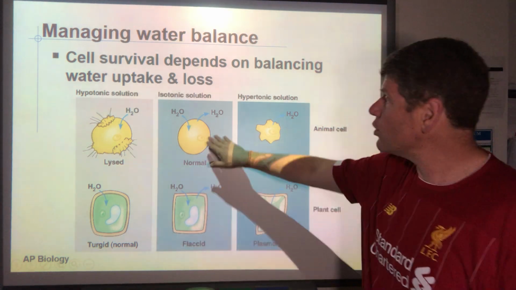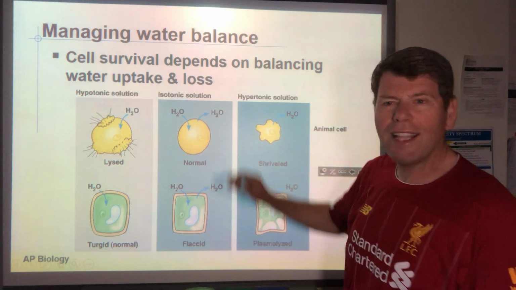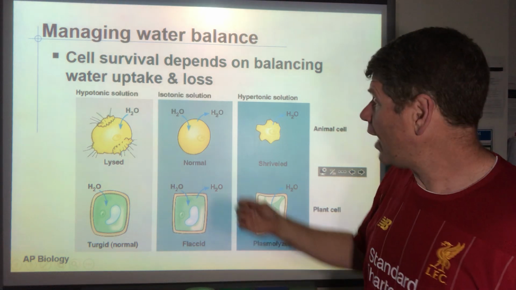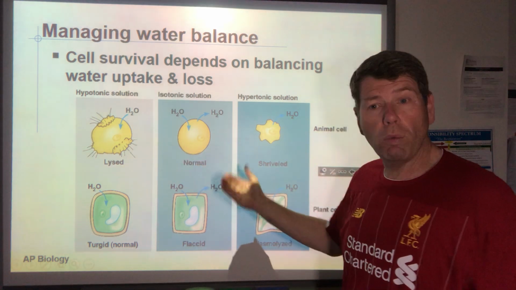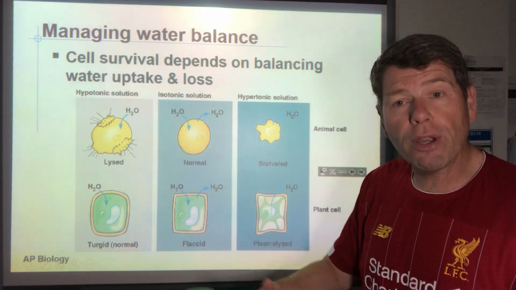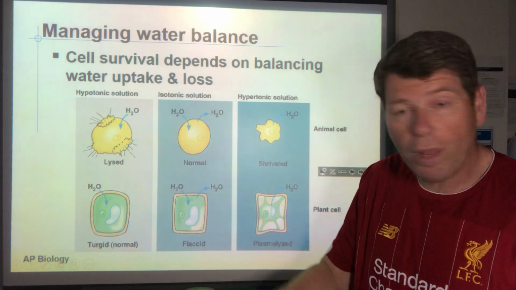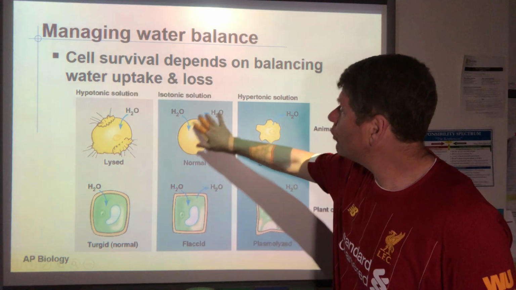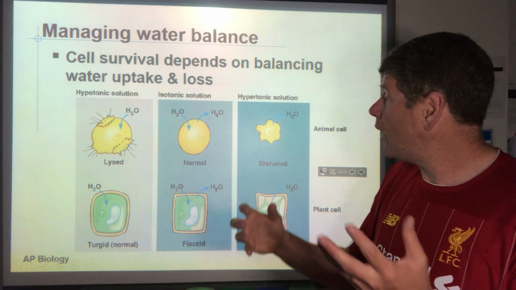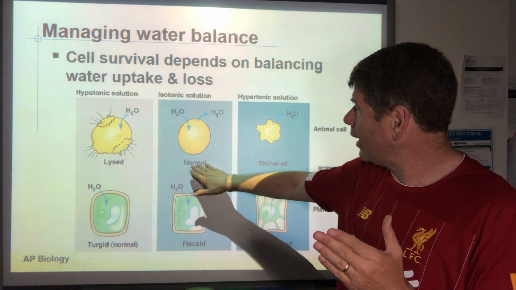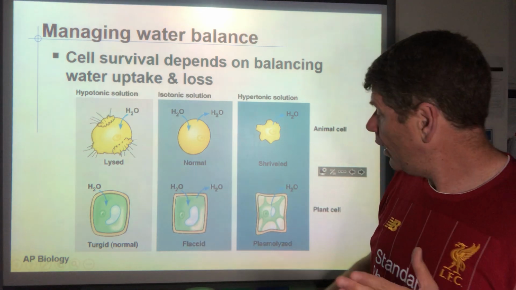Now, if you put an animal cell in an isotonic solution, that's kind of just right. The animal cell keeps its shape, water comes in, and when water comes in, it might be bringing materials that the cell needs with the water, and then water can flow out. And when water flows out, it might take away the waste products. And everything stays pretty normal.